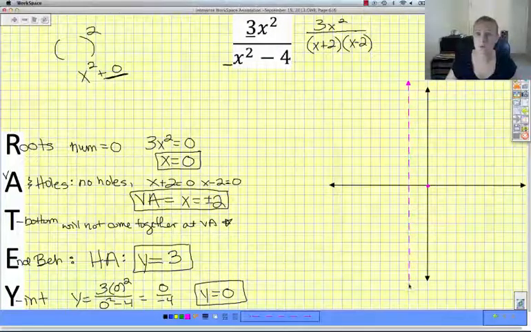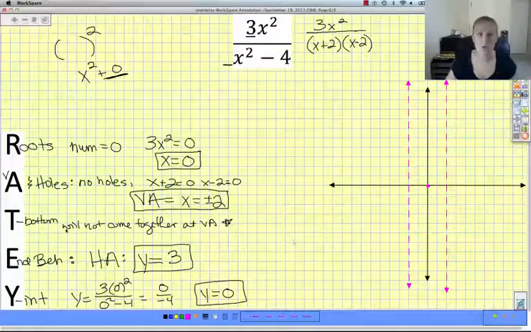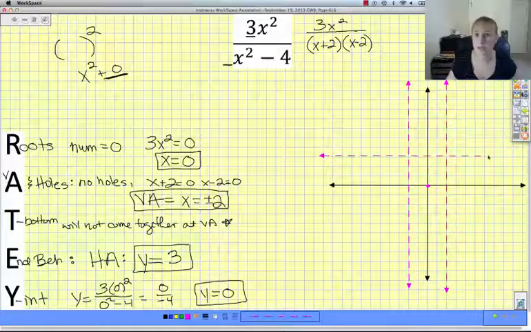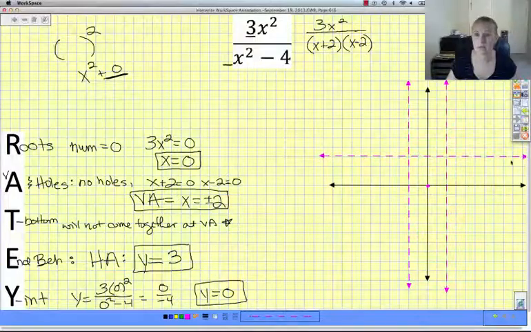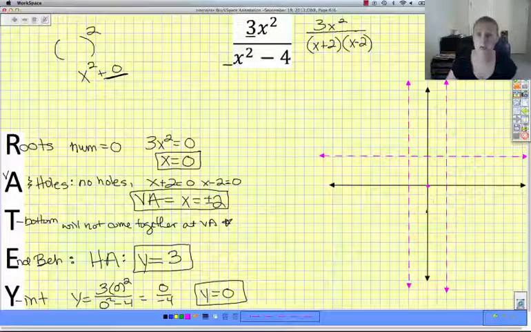So we should have a vertical asymptote at x equals -2 and another at x equals 2. We'll worry about tangency in a second, but now we also want to plot our horizontal asymptote at y equals 3. So we're going to go to 3 and we're going to put our horizontal asymptote. So now I know that I've got one point and I've got a whole bunch of imaginary lines that I know my function cannot cross.